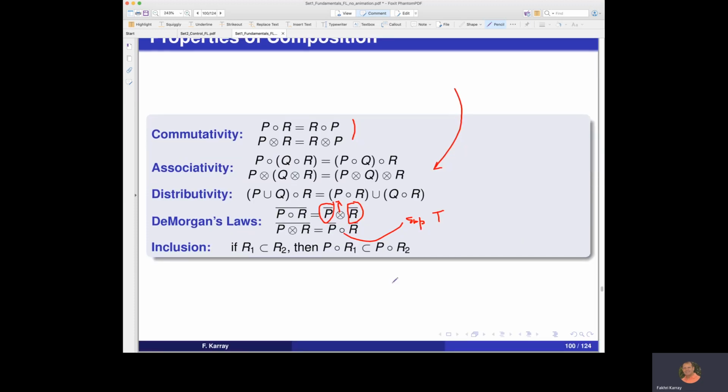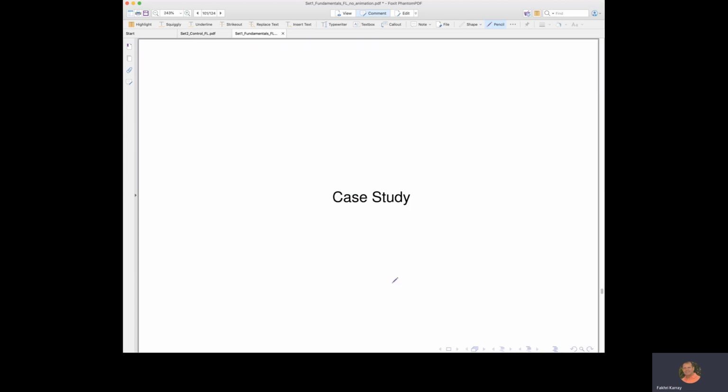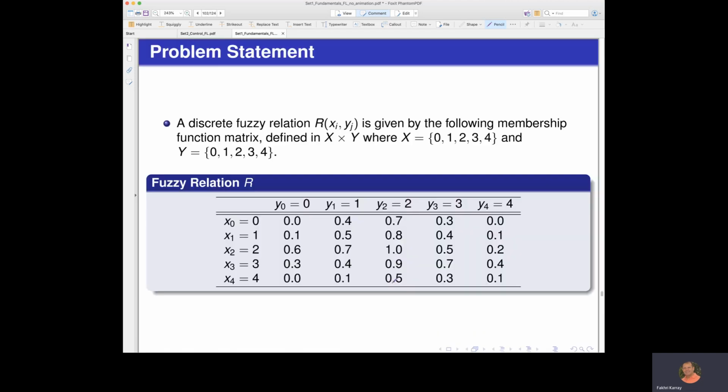Okay, let's look at this particular case study, an example of what we want to see in these relations. We are putting here a relation connecting two universes of discourse, X and Y, where X has 5 elements of support and Y has 5 elements of support.